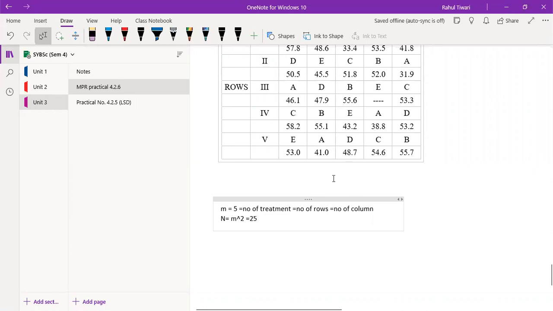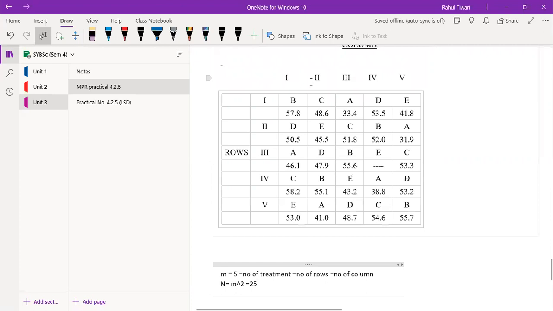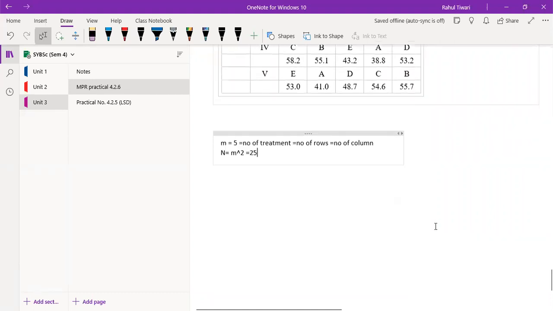Either you can write it in this form, you can just find the treatment total, 183.5. Correct.